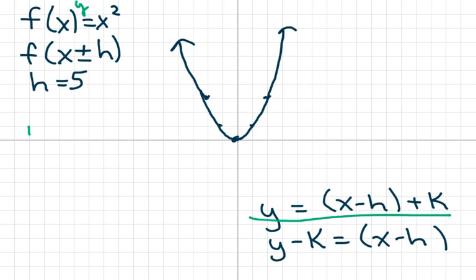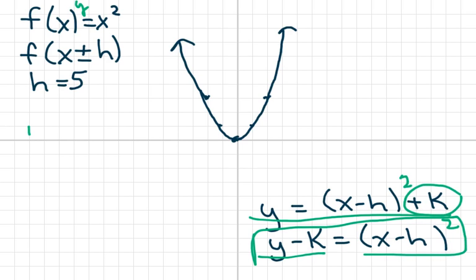Now, let me tell you about the equations here. Look here. This is your standard equation for any kind of actual shift to the left and right. But this is our square, so I'm going to go ahead and put a square here because we're doing the quadratic one. And you can subtract the k from the y if you want. This is another way to write the equation.